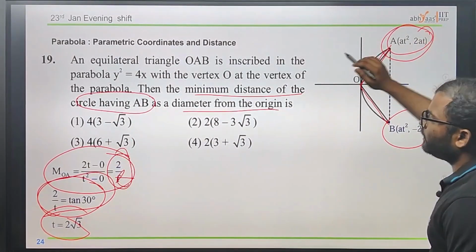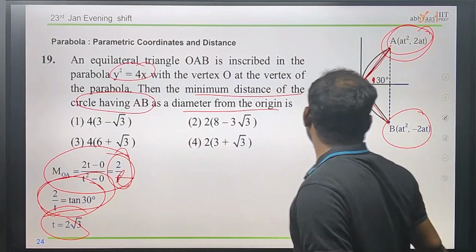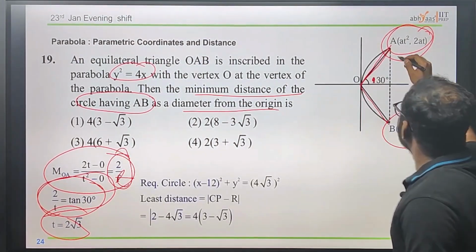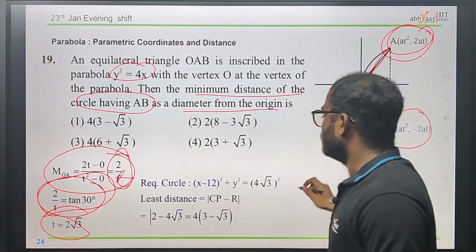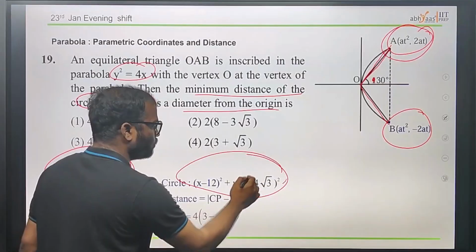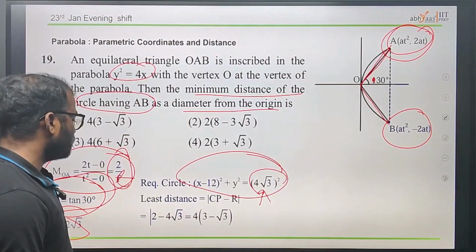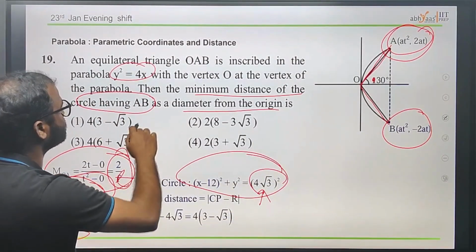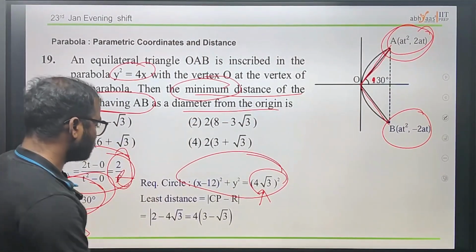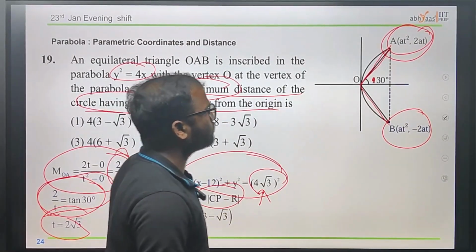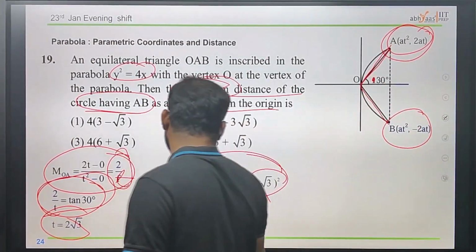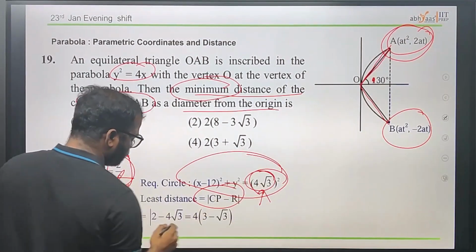Just substitute the t value and a value in this parabola equation, we can easily find the points of the required circle, which is the center we have. Okay, that's how we got (x minus 12) whole square plus y square is equal to 4 as the circle, with radius 2. Now they asked about the minimum distance of the circle having AB, which is CP minus R, where C is the center and R is the radius, which is 2.